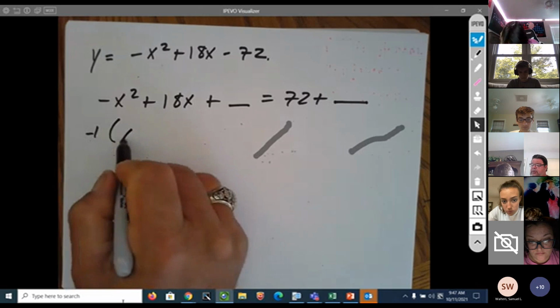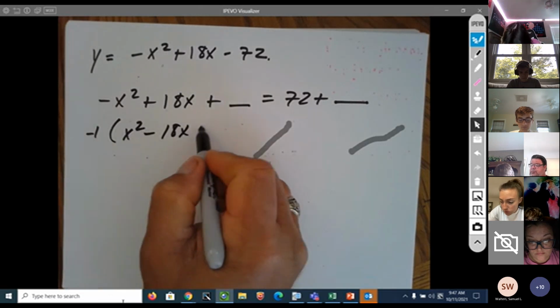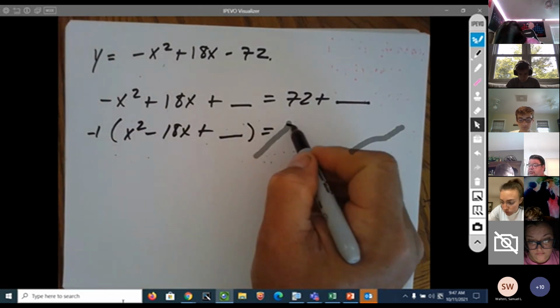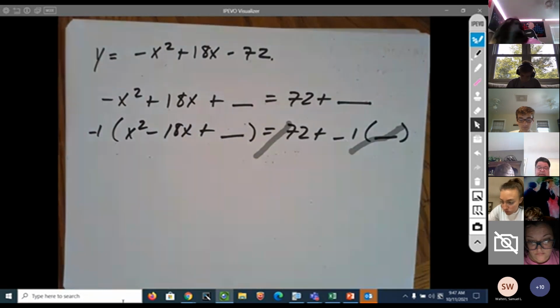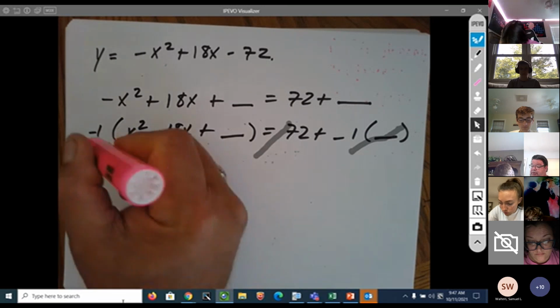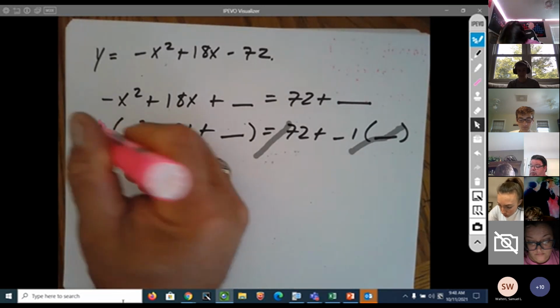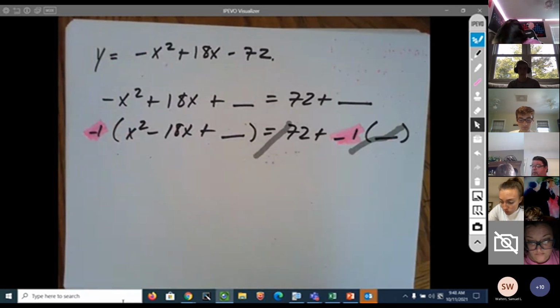Negative 1 times x squared minus 18x plus blank equals 72 plus negative 1 times blank. And yes, I'm going to get my highlighter. And since I factored this out over here, I've got to add it right there.